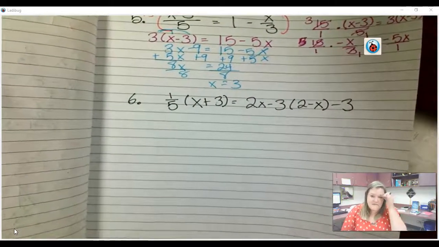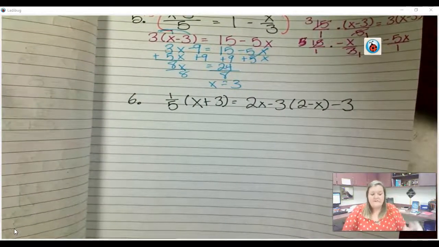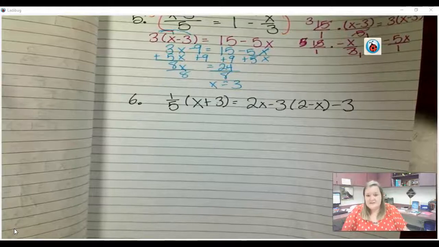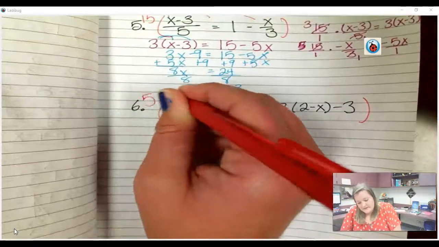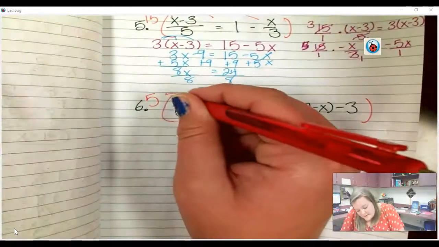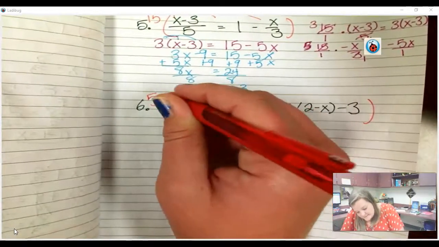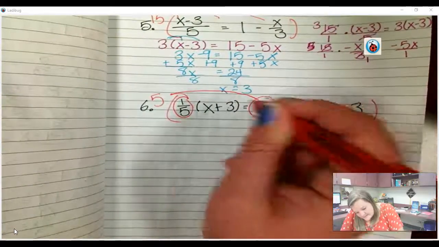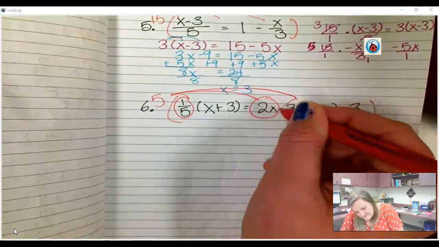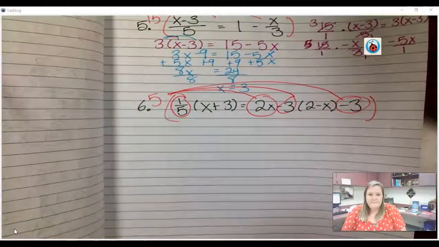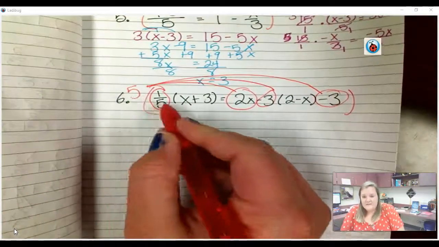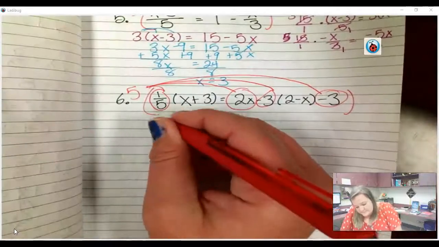Okay, so we're going to get rid of the one and only fraction. There's only one fraction, and it's that 1/5. So we're going to multiply everything by the denominator, which is 5. Now, everything that is outside of parentheses is being multiplied. So 5 times 1/5, that's 1.